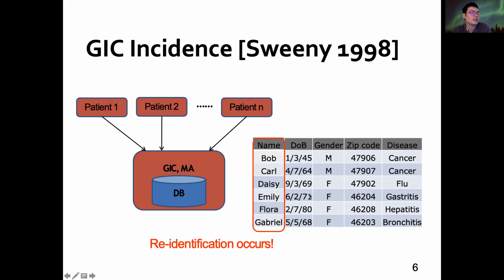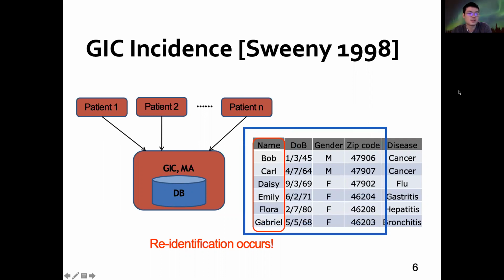When the GIC released a table for analysis, they removed the first column, the name. Apparently, we need to remove it. If we have the name there, you basically know Bob has cancer. But unfortunately, there's another table, the voting registry, where each person who wants to vote fills in a form with their name and all this information, but they don't disclose they have cancer.